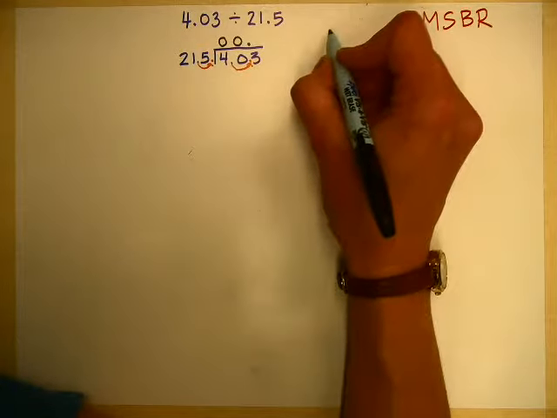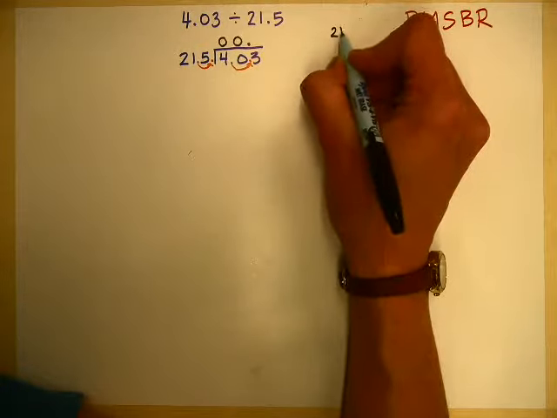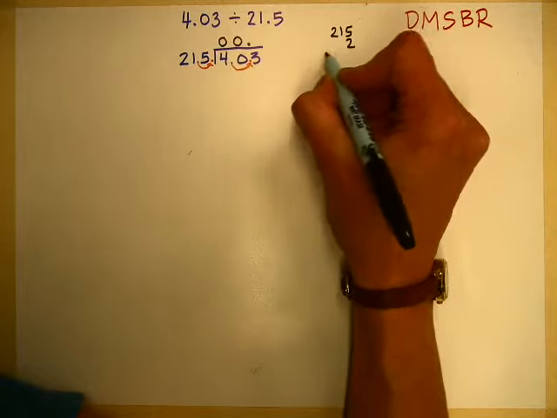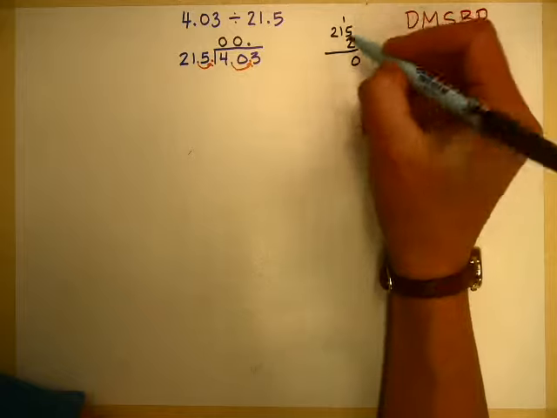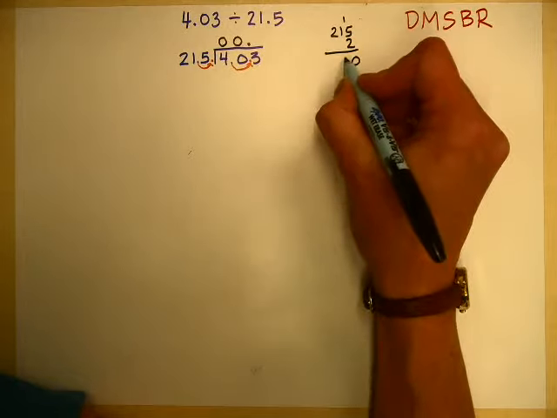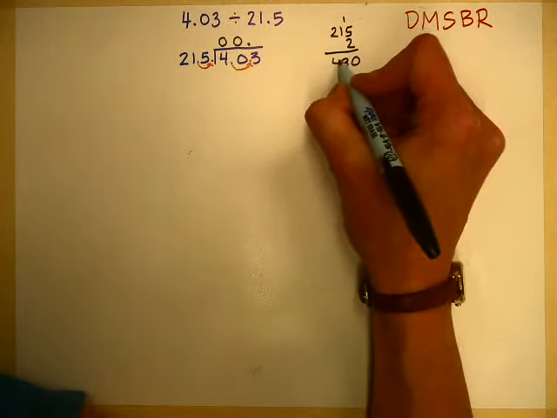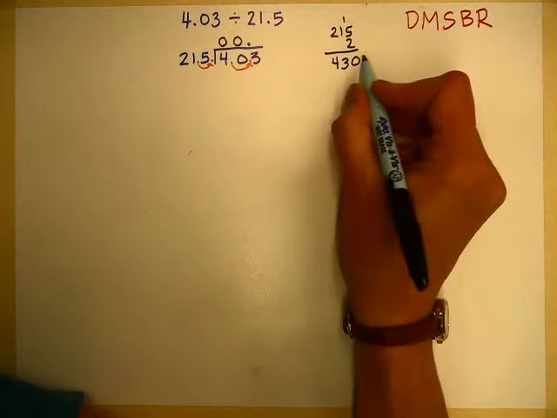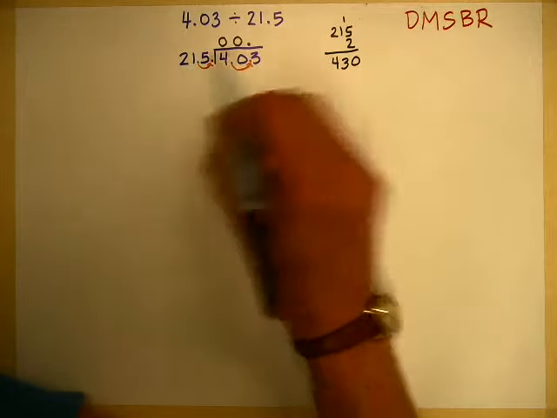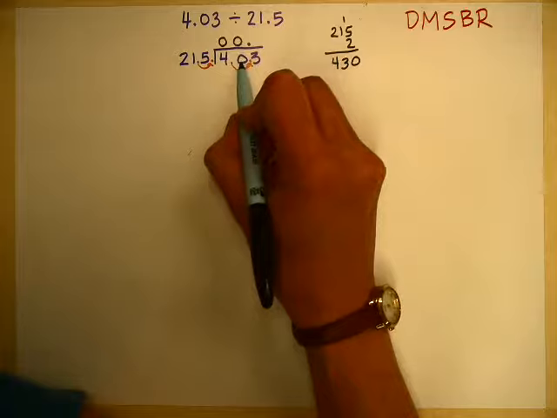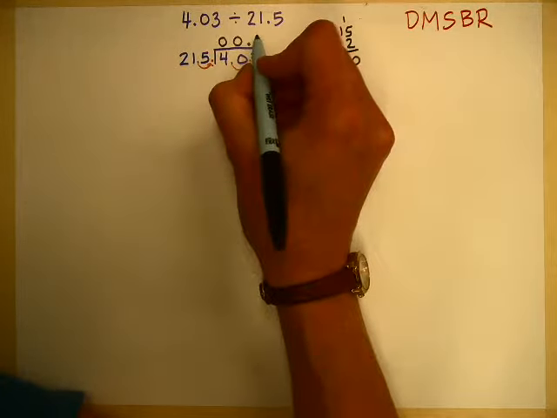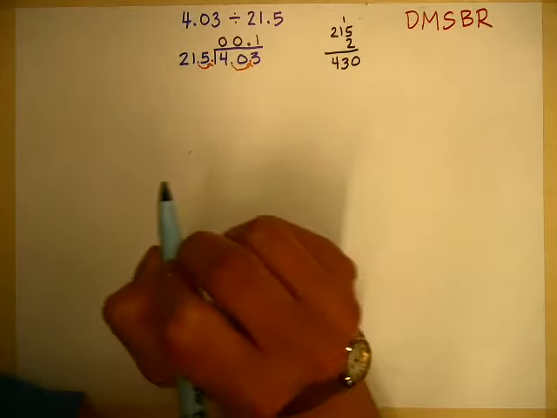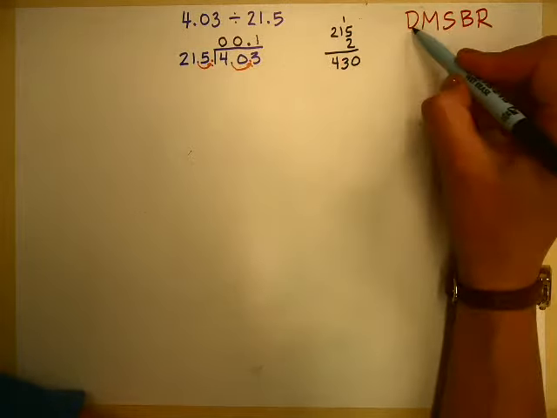But just to be sure, over here I will multiply 215 times 2: 10, carry the 1, 2 times 1 is 1 plus 1, it's 3, 4 times 4, 430. So obviously, since this number is bigger than this number, you can't fit two of these in there, so it's just going to be 1. Now, we have divided.